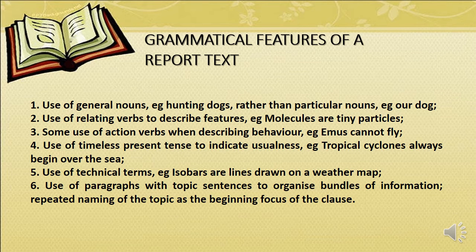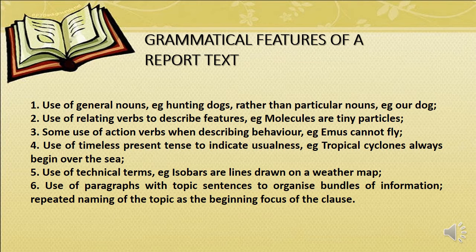Grammatical features of report text. Number 1. Use of general nouns, for example, hunting dogs, rather than particular nouns, for example, our dog. Number 2. Use of relating verbs to describe features, for example, molecules are tiny particles. Number 3. Some use of action verbs when describing behavior, for example, bats can fly. Number 4.